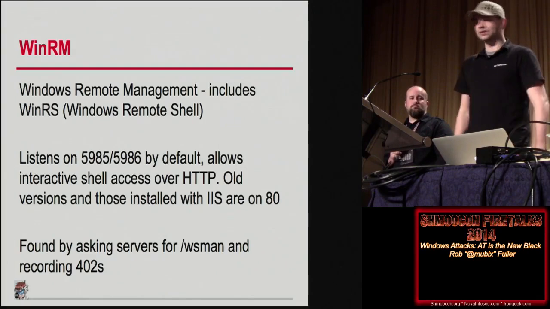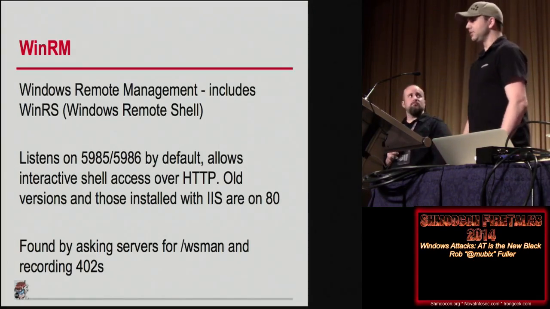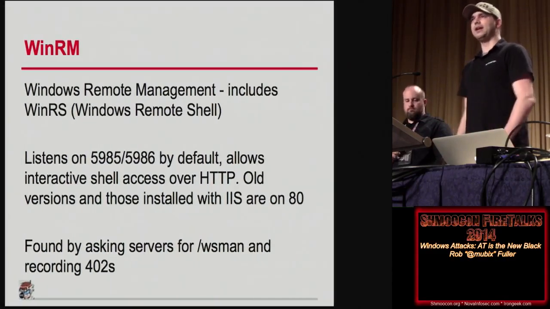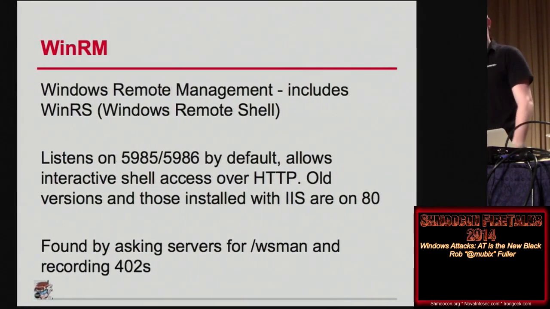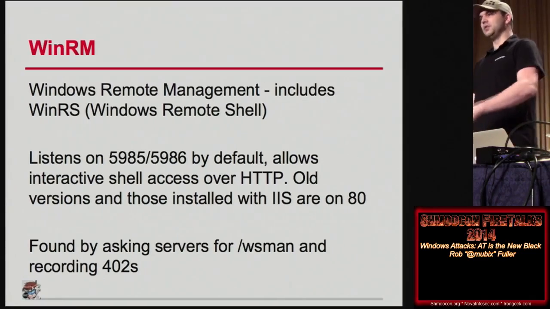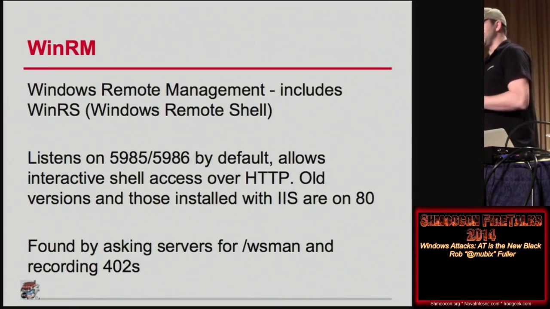The greatest thing about this whole thing is I can actually ask Active Directory where the WinRM enabled systems are. So I just say, hey, where can I execute code without having to bypass anything or create services? And that's great. The coolest thing is that if you install IIS on the box, it automatically switches to port 80.